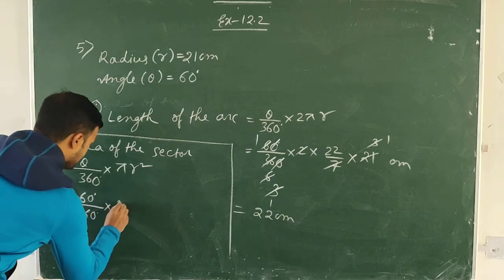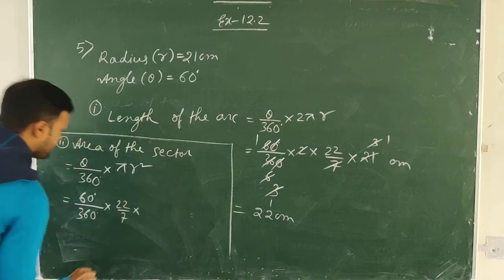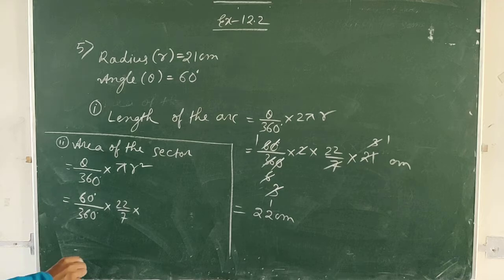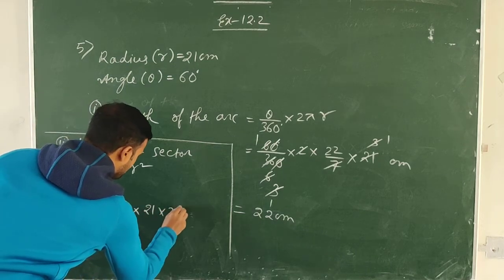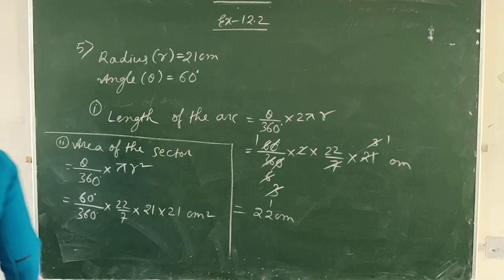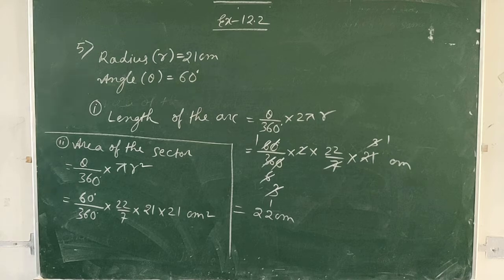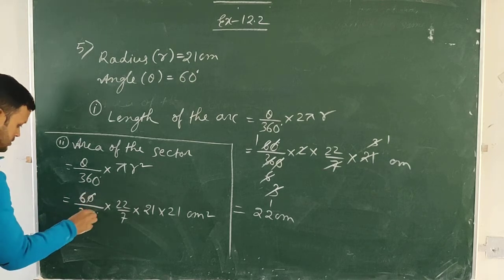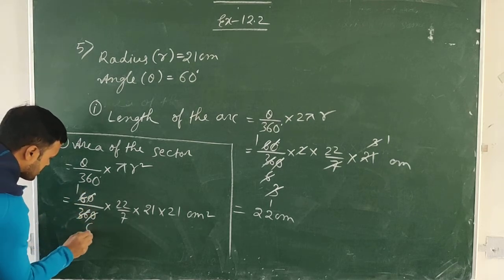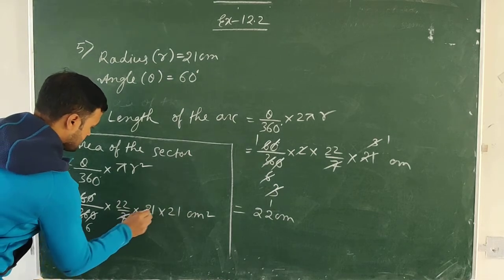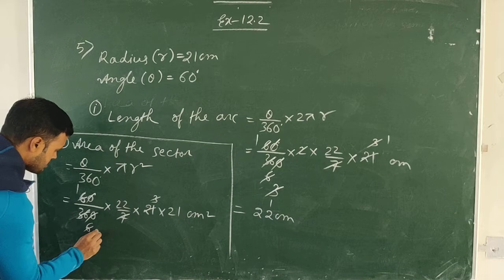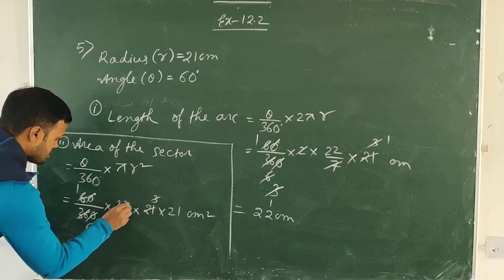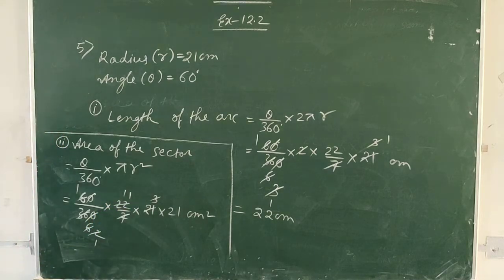Obviously 22/7. And radius is, I think, 7, sorry, 21. This is 21. So 21 into 21, centimeter square, and then we cancel 6 times, 3 times, 6 times, 11 times.